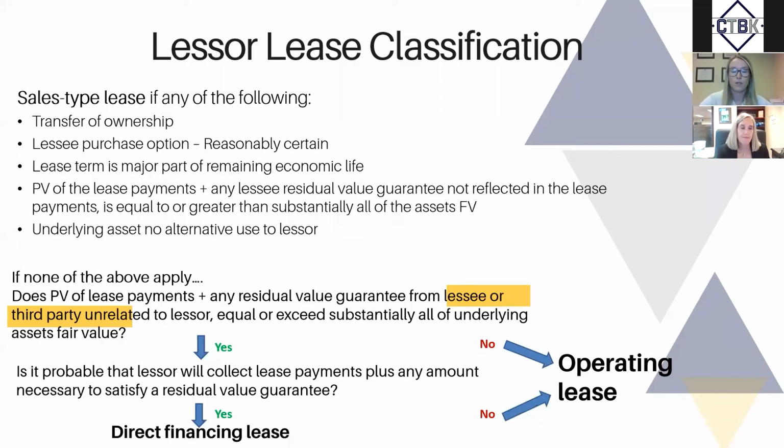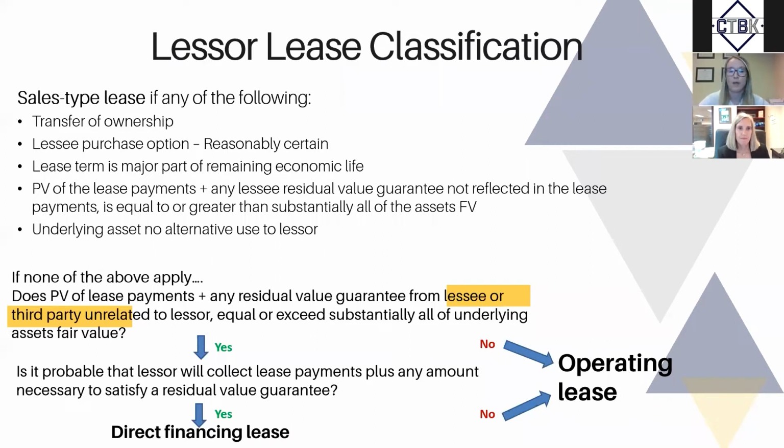So the first thing we're going to touch on is the lessor lease classification. This becomes an important topic once we get to lessor modifications, so I wanted to give an overview of this topic first. The first thing you would do is determine if, on the lessor side, your lease is going to be a sales type lease.